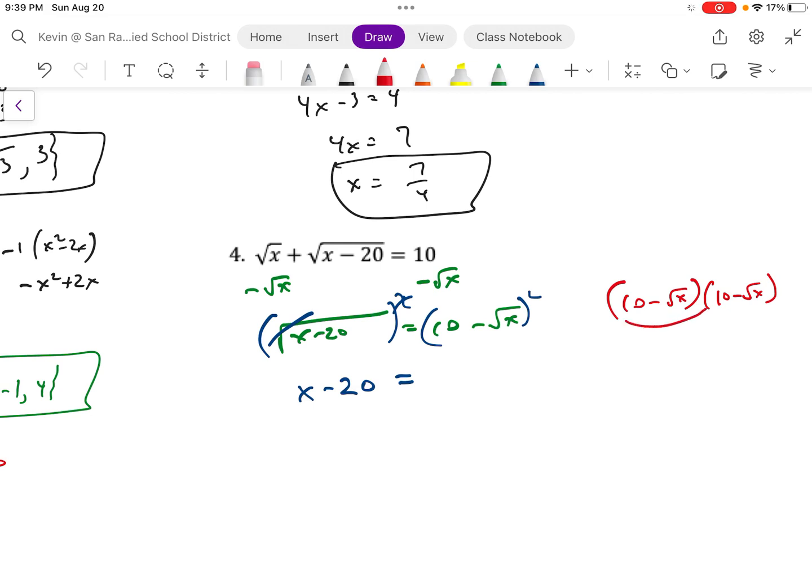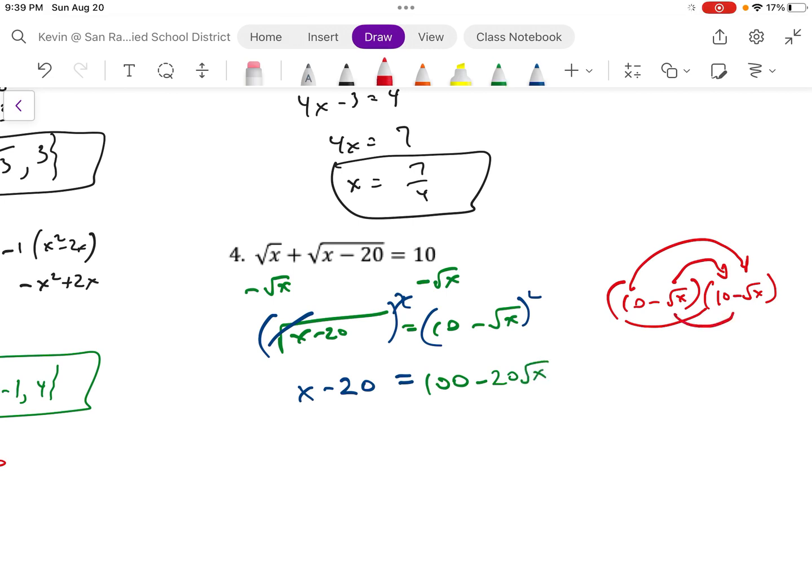So I go 10 times 10 is 100. And then I go, well, let's see. That's negative 10 root x, and this is negative 10 root x. So that gives me negative 20 root x.